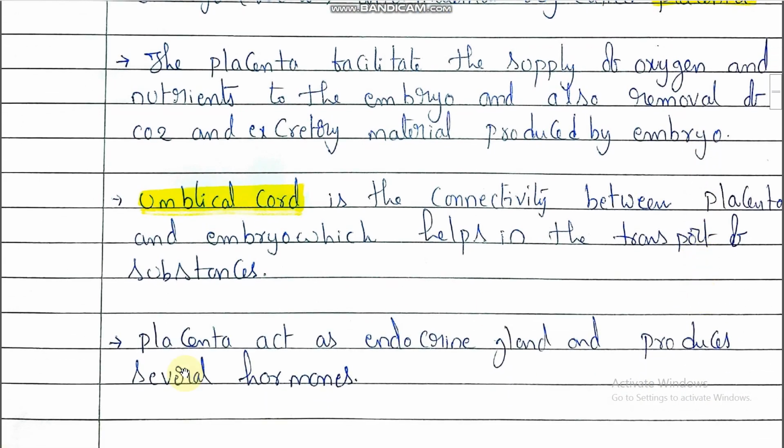And what is another function of the placenta? It acts as an endocrine gland and produces several hormones. What is the connectivity between the placenta and the embryo? The umbilical cord, which helps in the transport of substances. Up to this, clear? Right.